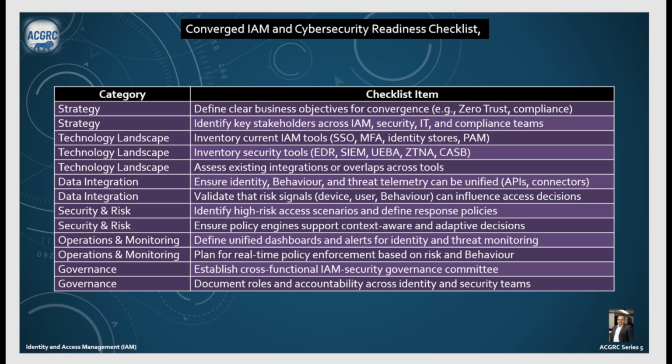Define unified dashboards and alerts for identity and threat monitoring. Once done, plan for real time policy enforcement based on risk and behavior. Once done, establish a cross functional IAM security governance committee. Once all of these are in place, then document the roles and accountability across identity and security teams.